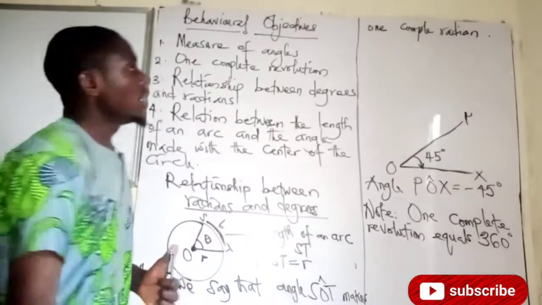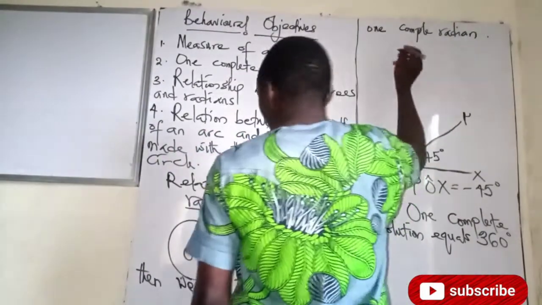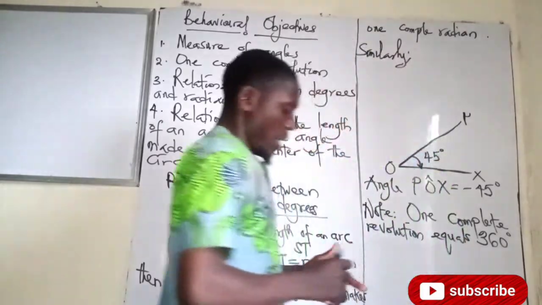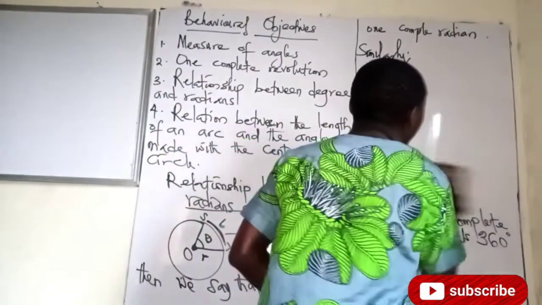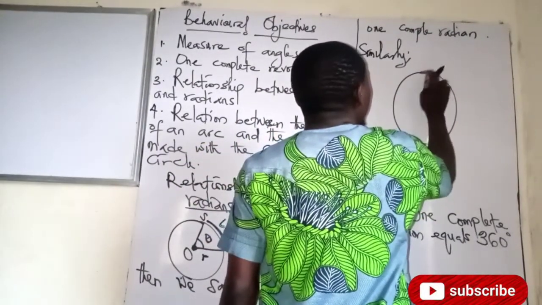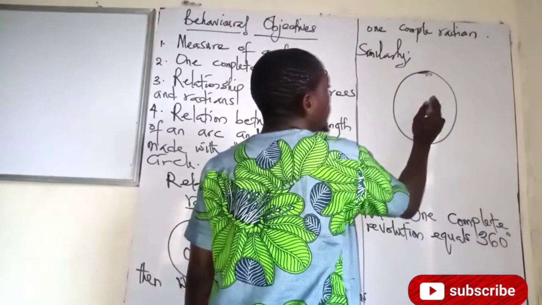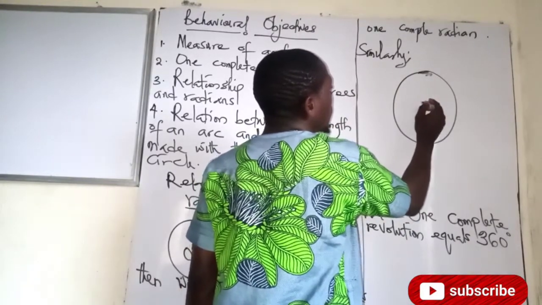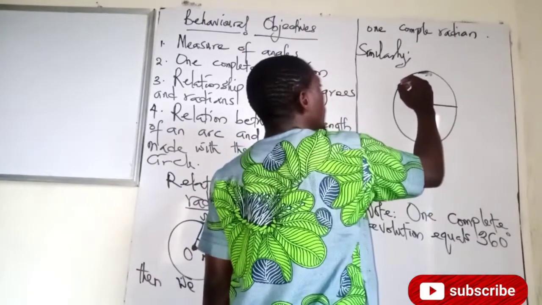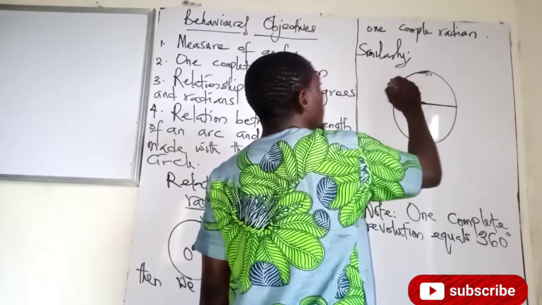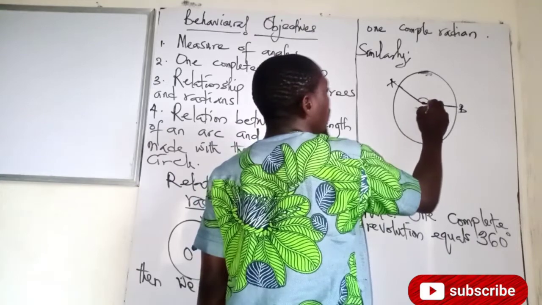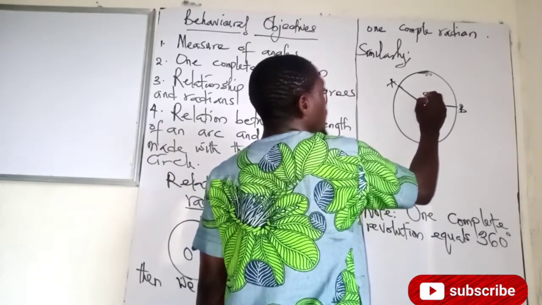Now, similarly, if we have another circle, let's say this is the center of the circle, this is a radius, then we have another line drawn like this, we have A, we have B, we have O as the center, we have the angle made to be theta.